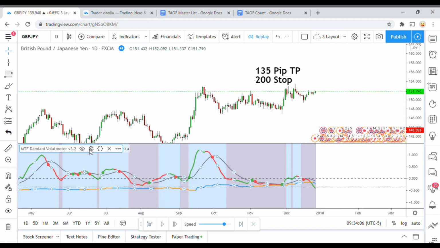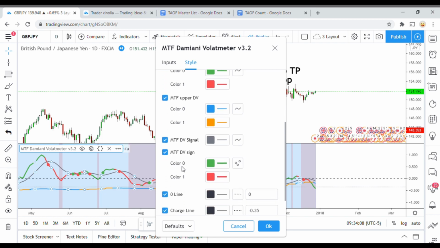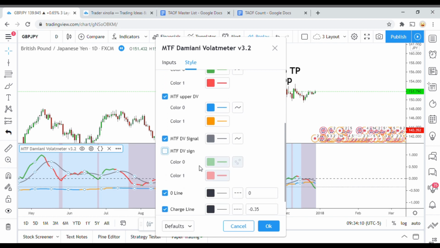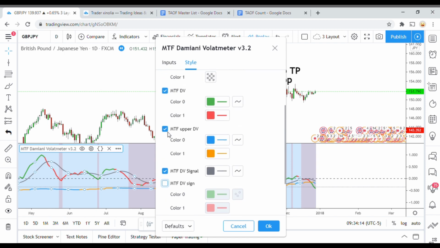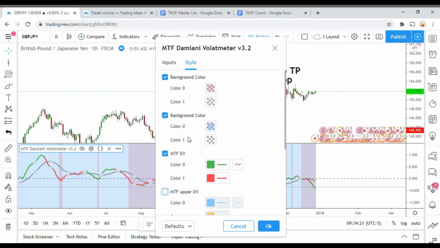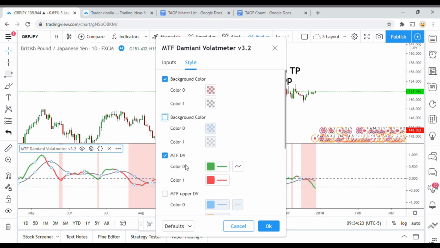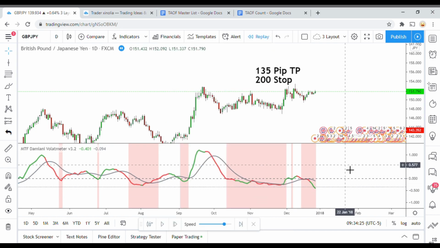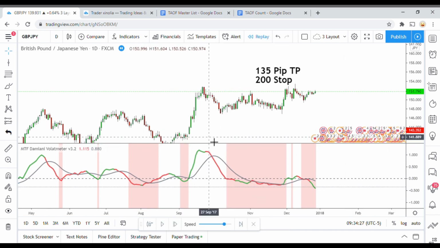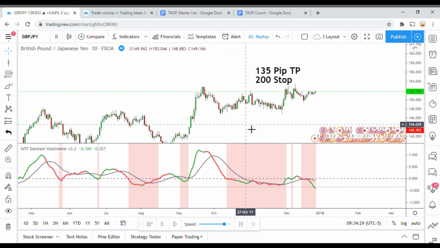So what we are going to do is make the dots invisible again, because we can visually look at that. And we are going to get rid of the blue and orange line. And more importantly, we are going to get rid of the background coloring that the blue and orange line creates.